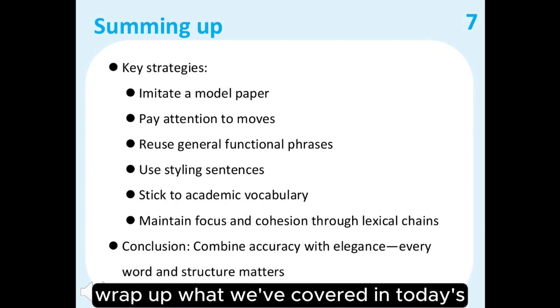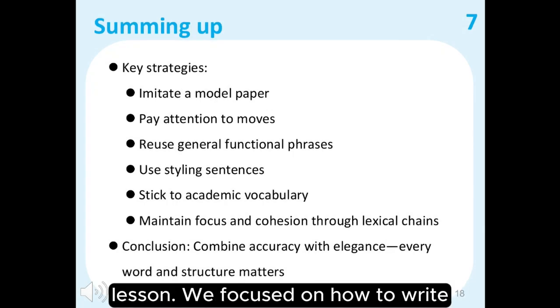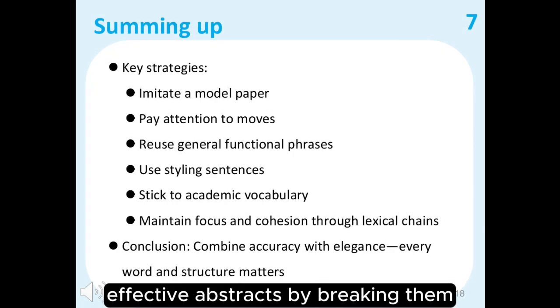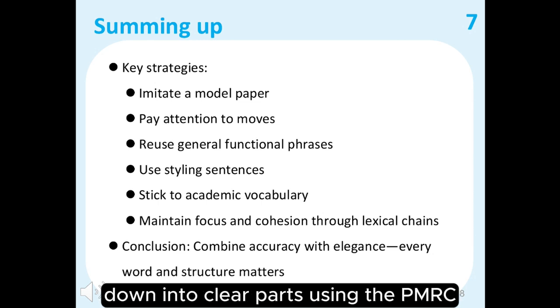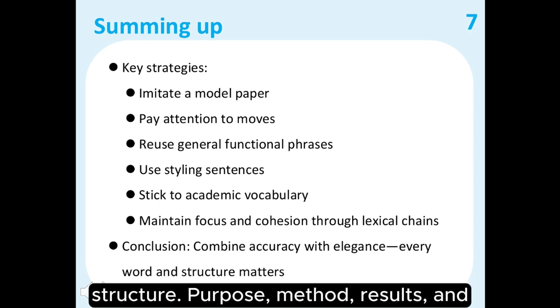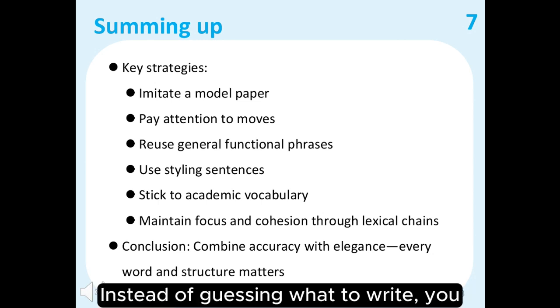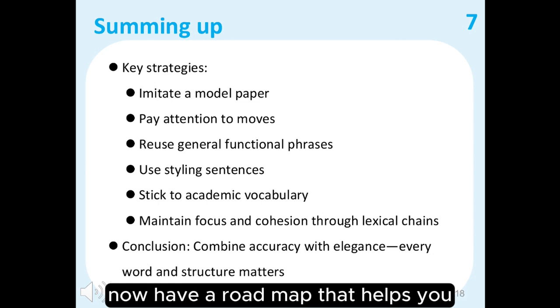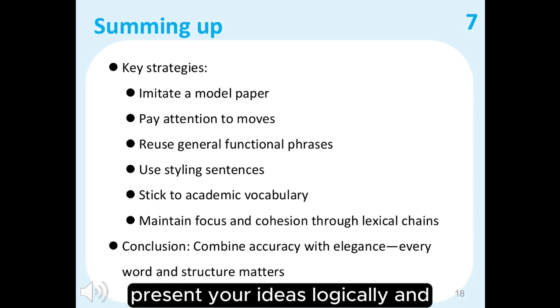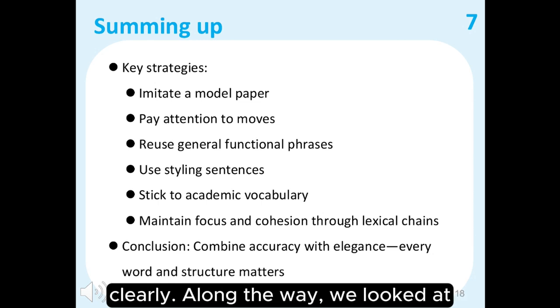Let's wrap up what we've covered in today's lesson. We focused on how to write effective abstracts by breaking them down into clear parts using the PMRC structure: purpose, method, results, and conclusion. Instead of guessing what to write, you now have a roadmap that helps you present your ideas logically and clearly.